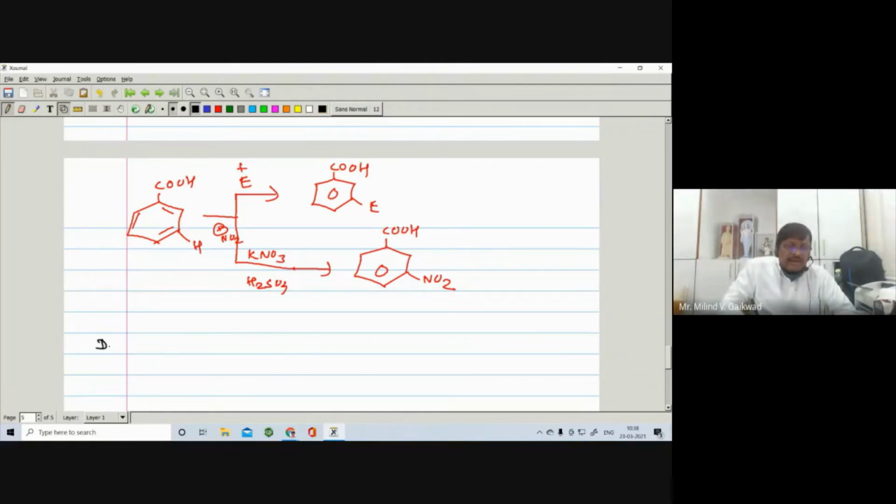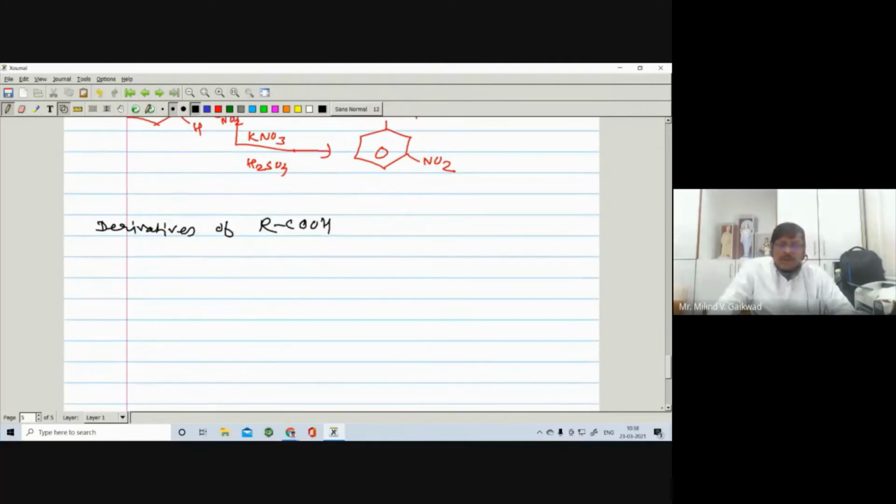Next point, derivatives of acid, RCOOH. Derivatives means that in R, C double bond O, O and H, if you replace either H or OH by any other atom or group, it is called a derivative of an acid.